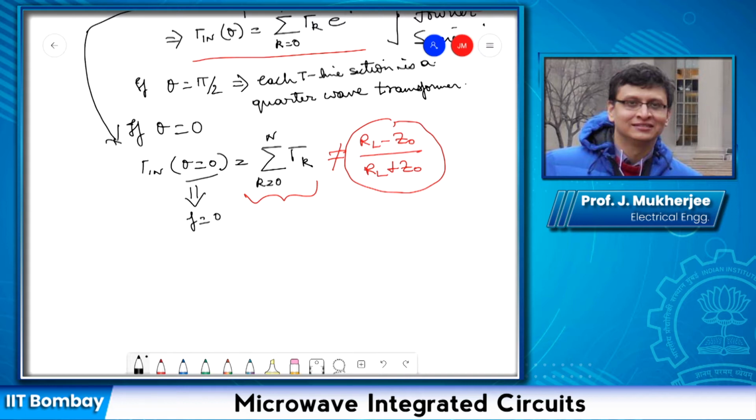Okay, so the slight mathematical manipulation that we will be doing is like this. Now here gamma k is given by this value, right?